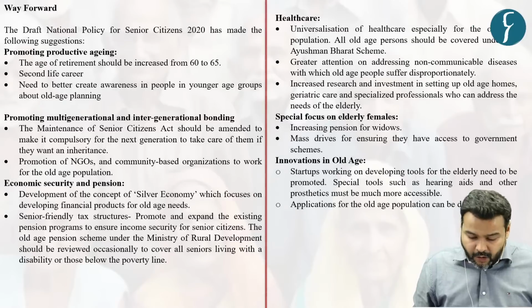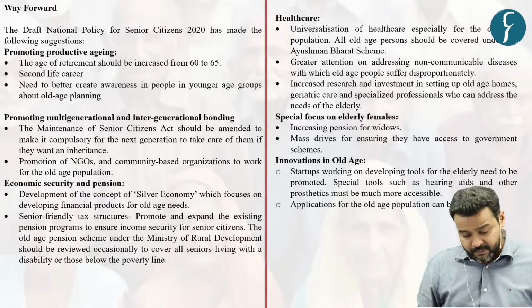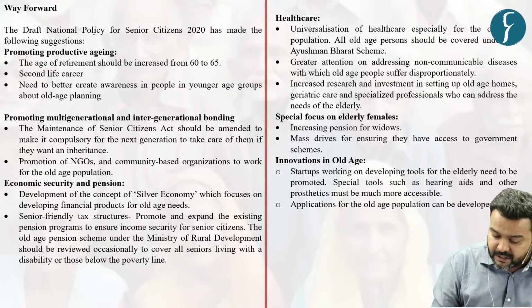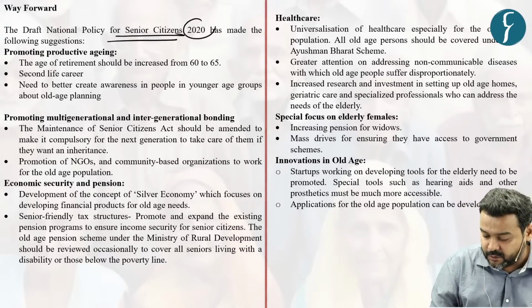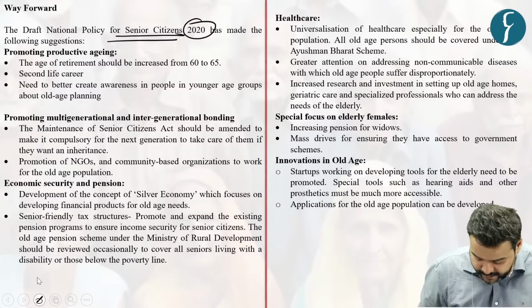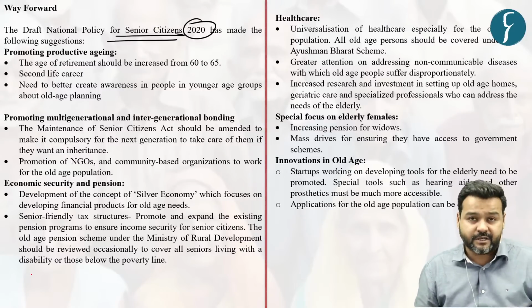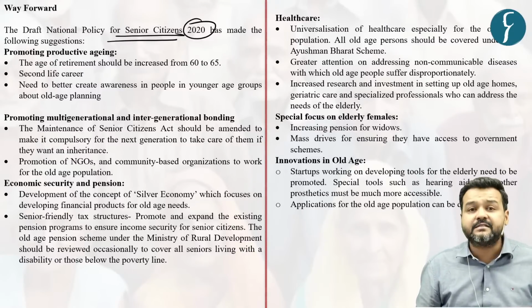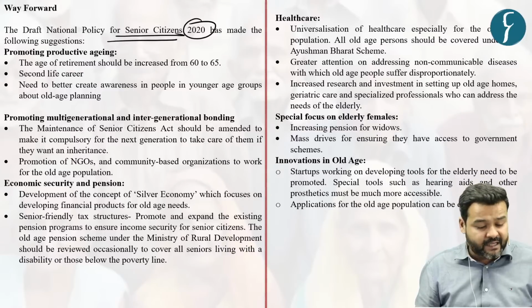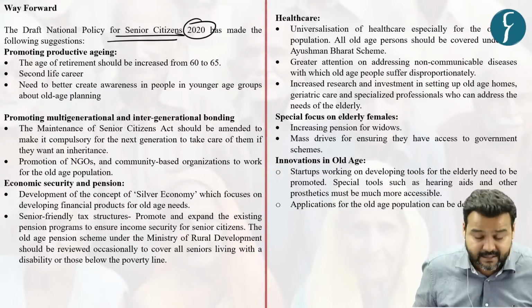So in order to improve the situation, the draft National Policy for Senior Citizens 2020 had made the following recommendations, and you can relate these recommendations with the various challenges that we have discussed.